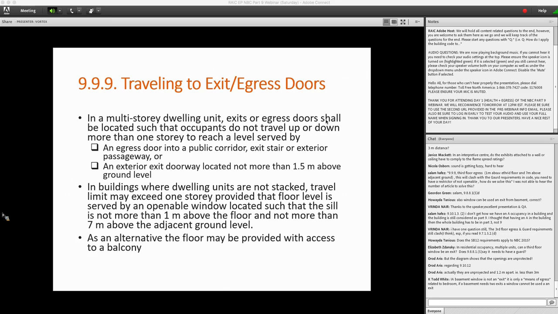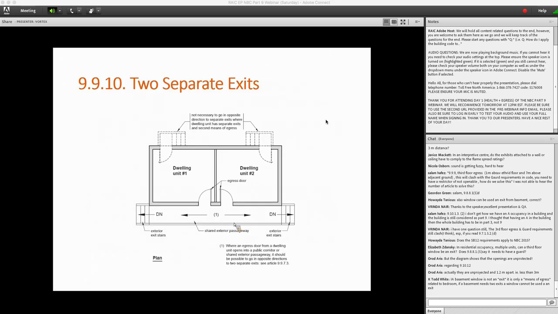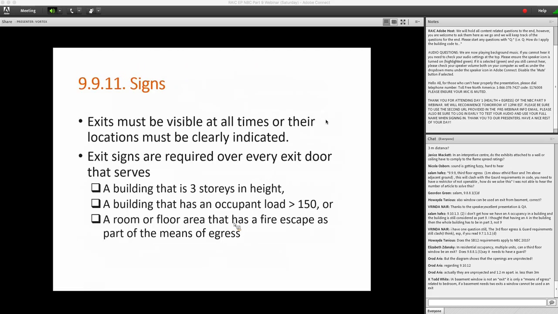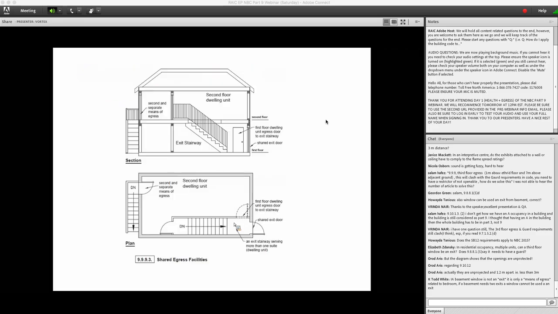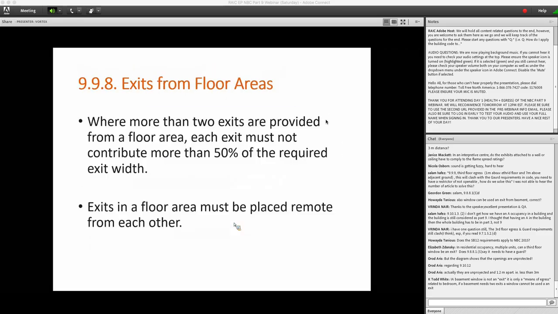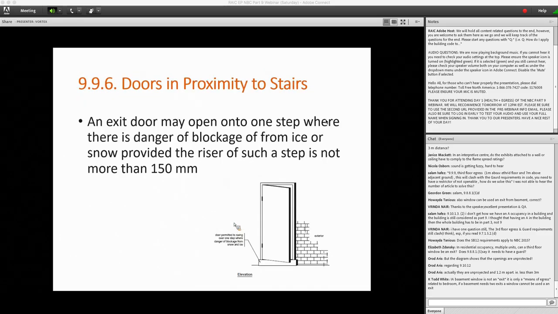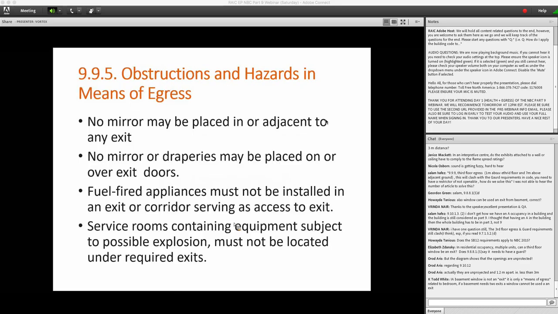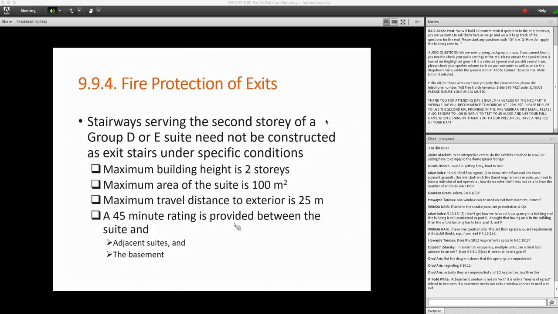And the last question is, but the diagram shows the openings are unprotected. Regarding 9.10.12, actually they are unprotected and 1.2 meters apart. That's okay. So let's look at the diagram for 9.10.12.